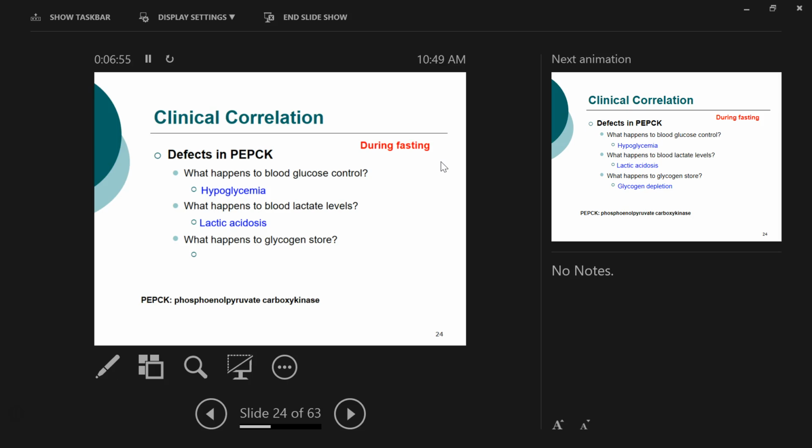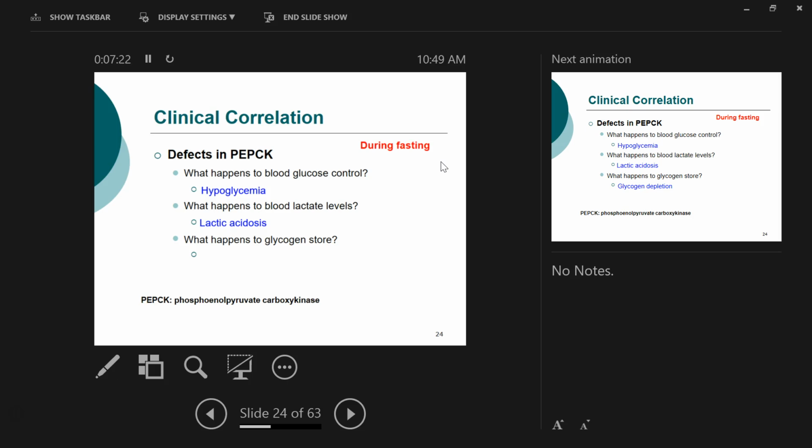And the last question, what happens to the glycogen store? Remember during fasting, which two glucose metabolic pathways are active and contribute to circulating glucose levels?